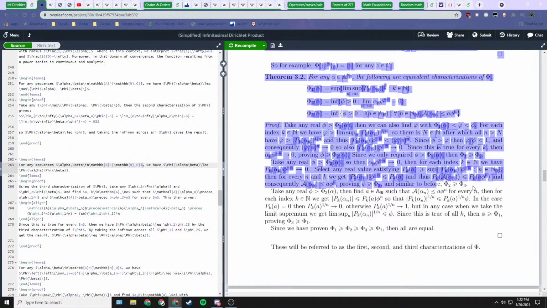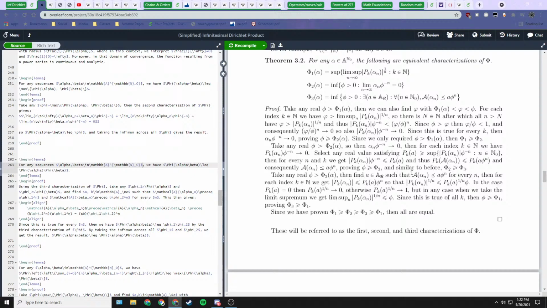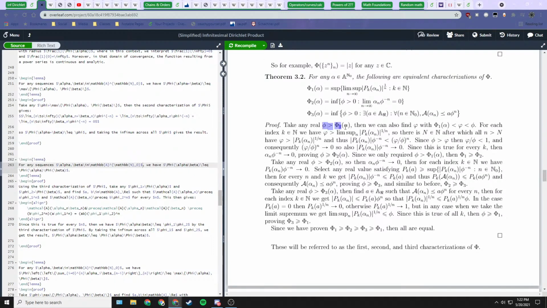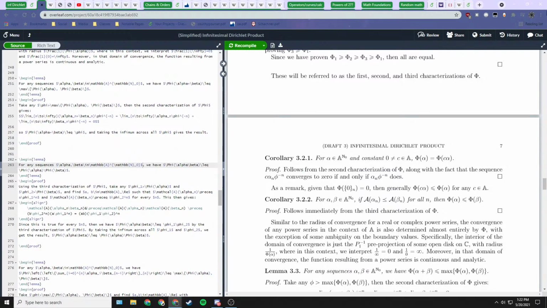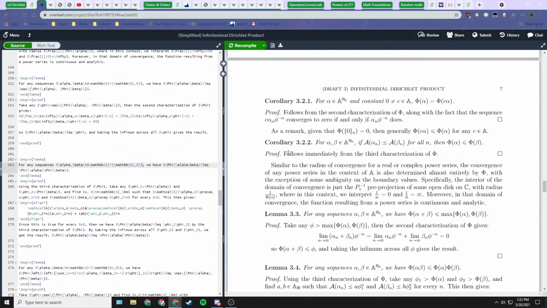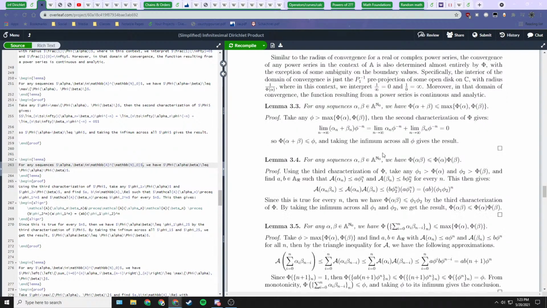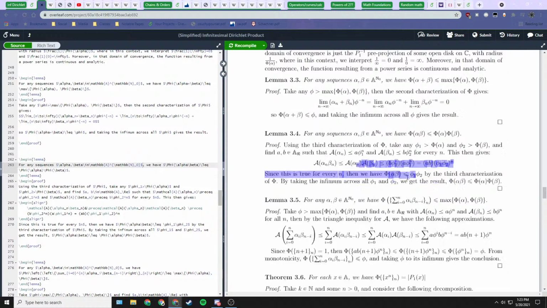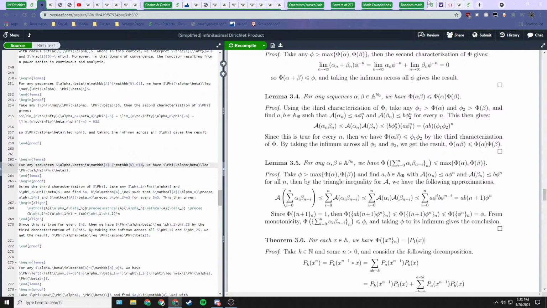So everything here works, and all this proof checks out. If there's no phi greater than phi 1, then phi 1 is infinite, and that's the top. So it works out here, but it doesn't work out in the products. We have to assume.